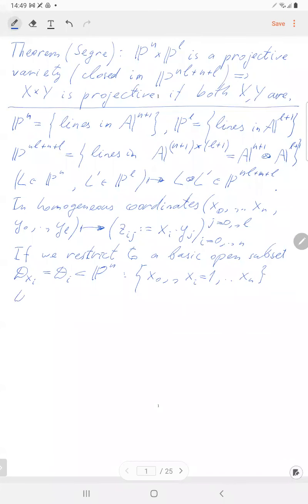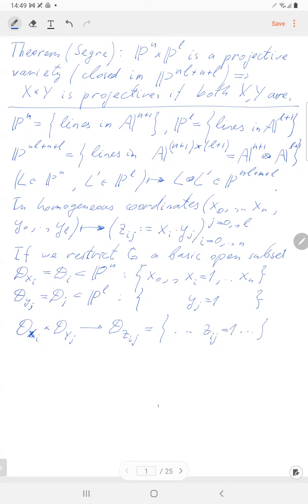And similarly, we have d_yj in Pl. Okay, so on these two open subsets, if we restrict our Segre map, then d_xi times d_yj goes to d_zij, namely the set where this coordinate zij is equal to 1.